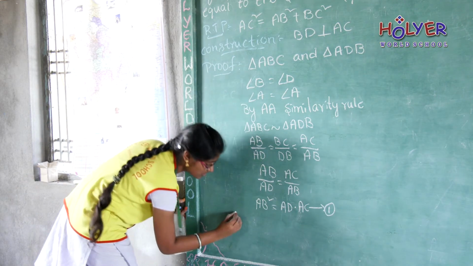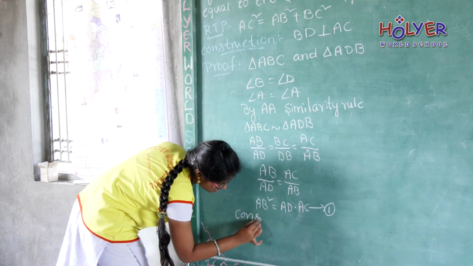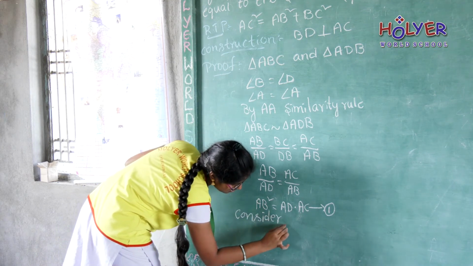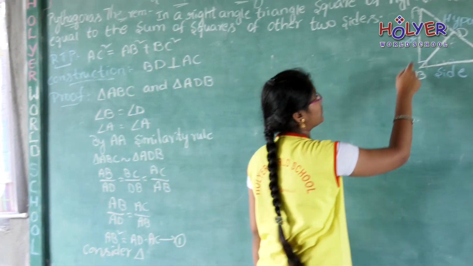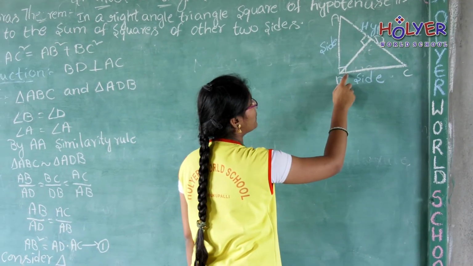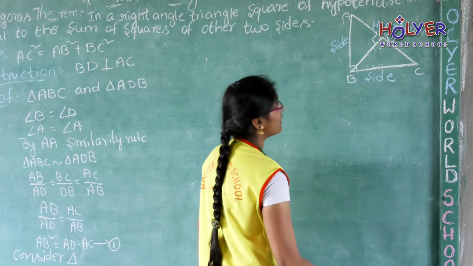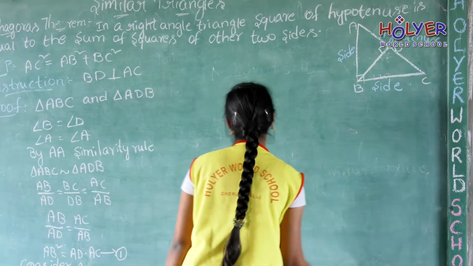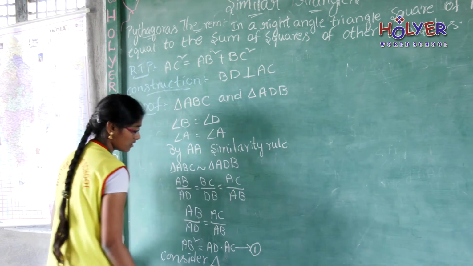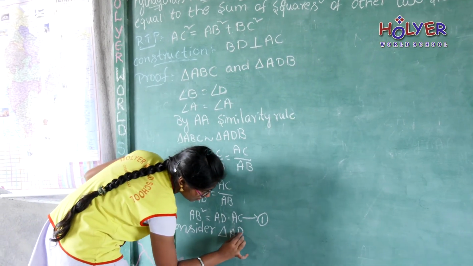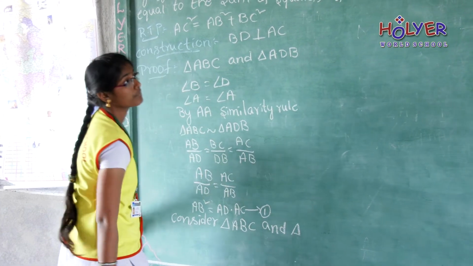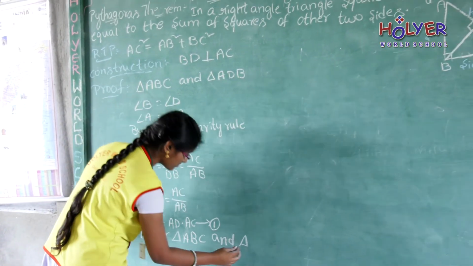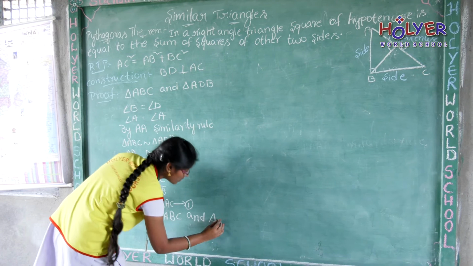Now again consider triangle ABC and triangle BDC.